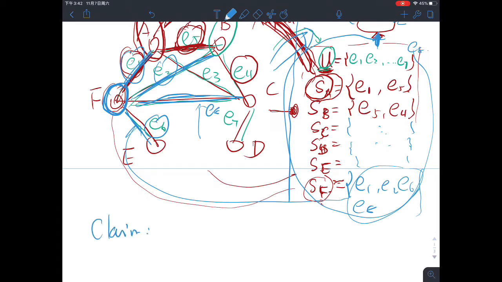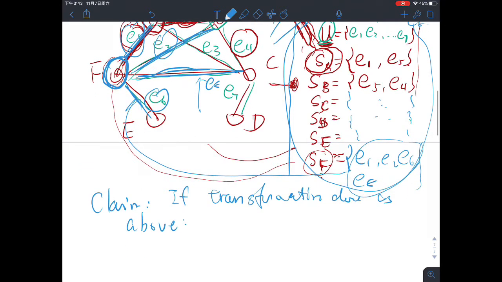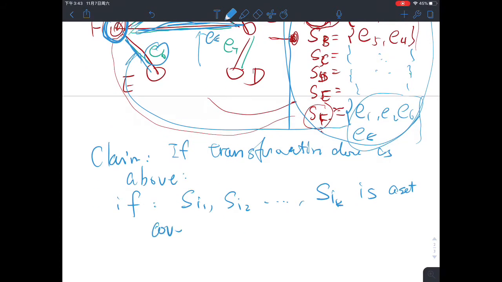Claim: if we do the transformation as above, then if S_i1, S_i2, up to S_ik is a set cover, then i1, i2, up to ik is a vertex cover.